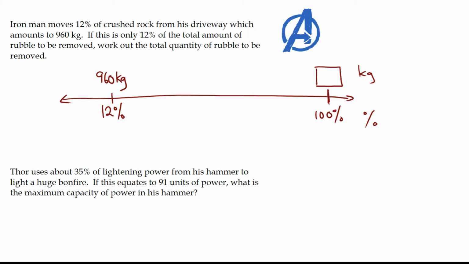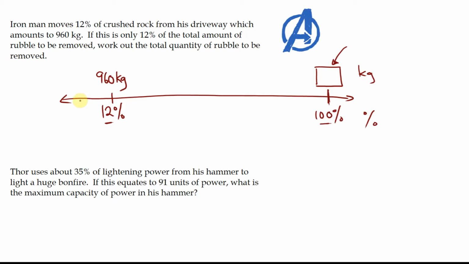Now we need to work with this number line to work out what this amount here is. So I'm looking at 12 and 960. Eventually I want to get up to 100%. I can't see a number that I can multiply 12 by to get 100%.